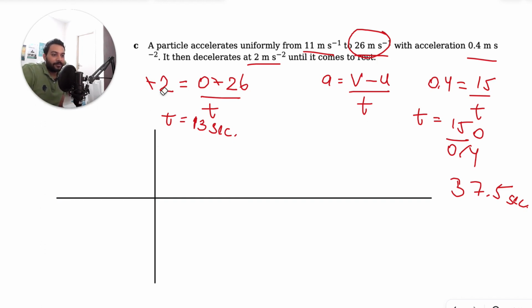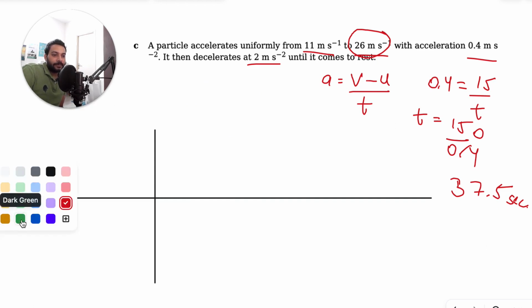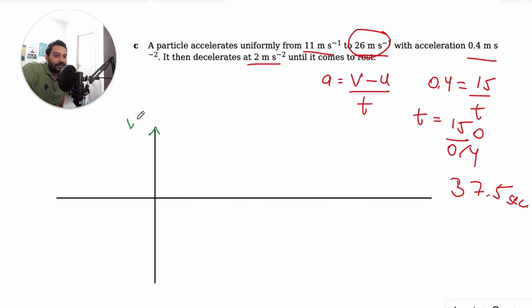So now let's place these values. Let me clear this up a bit. Okay. So we put velocity on the y-axis, since we are asked to draw the vt graph, and time on the x-axis. It starts from 11. Let's say 11 is here, 26 is here.